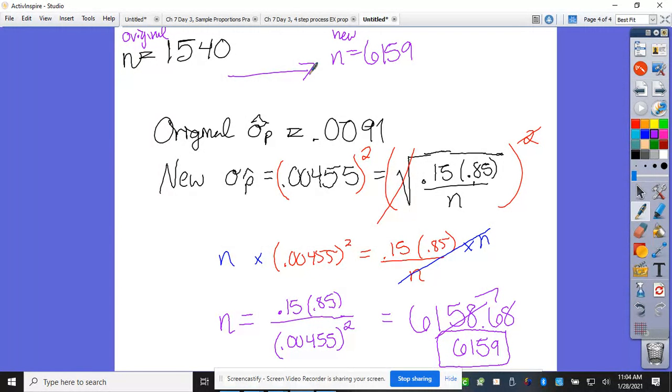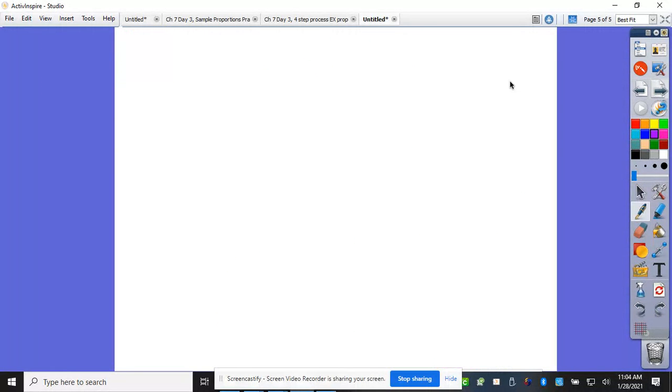Think about the change, how much it changed, it's about 4 times as much. If we want to reduce the standard deviation by half, multiply it by half, whatever you want to say, then our N would be times 4.